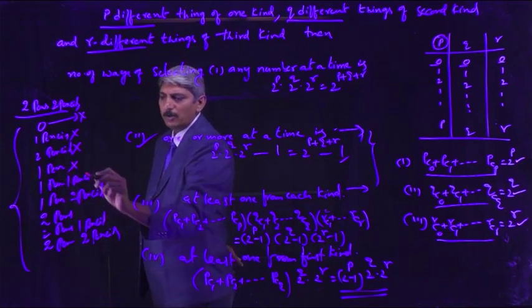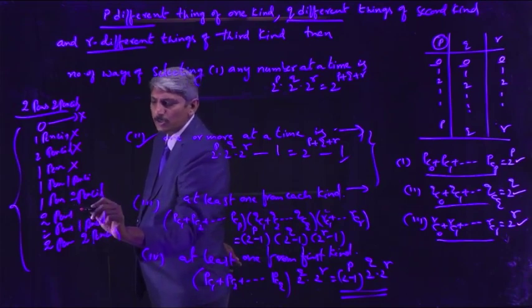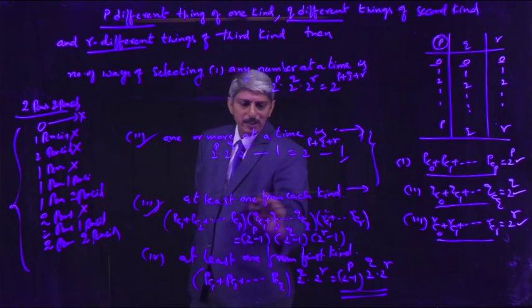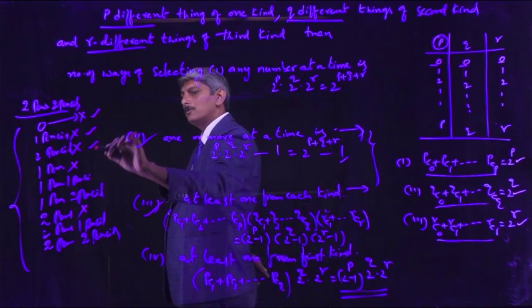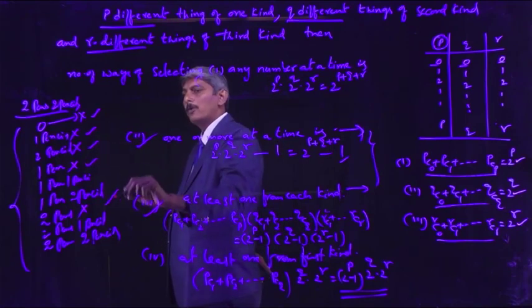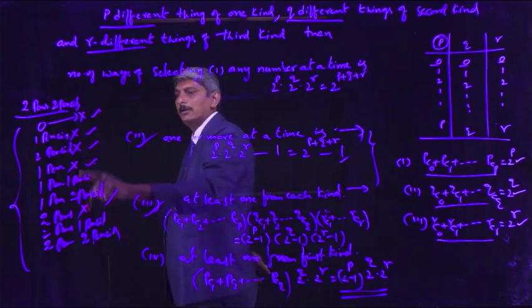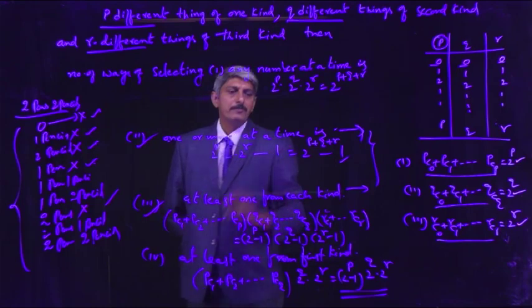So 1 pen, 1 pencil; 1 pen, 2 pencils. For 2 pens, here 0 pencils, so we exclude this case also. So for the third case, at least one from each kind means excluding this one, this one, this one, this one. How many cases are excluded in total? 1, 2, 3, 4, 5 cases. We calculate the remaining cases, and then we get at least one from each kind.